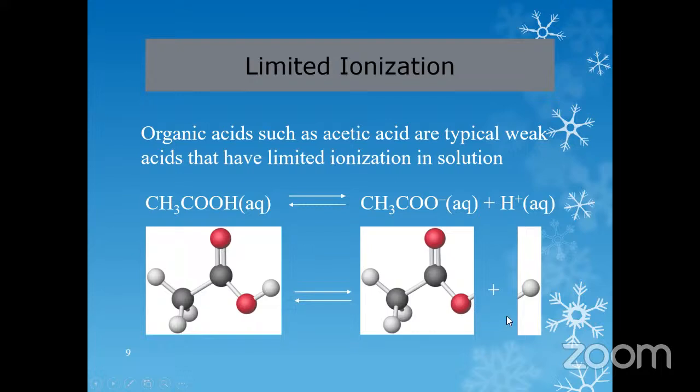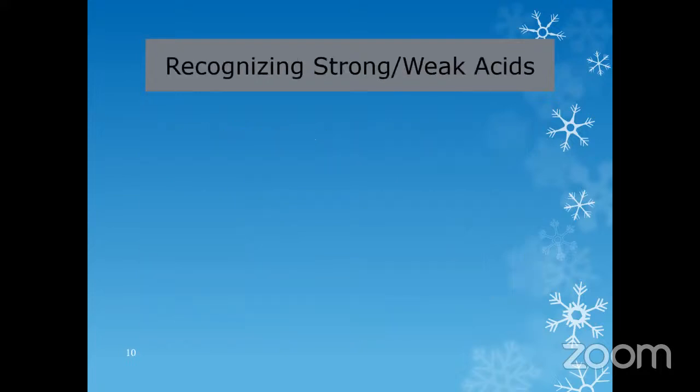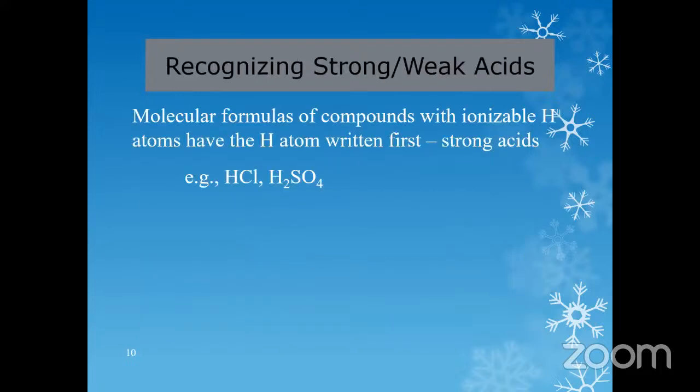Now, this begs the question, how do we recognize or tell the difference between strong acids and weak acids, apart from conducting an experiment to see whether or not they will conduct electricity? Well, there are some general rules, right? Typically, what you'll find is that in most chemistry literature, strong acids are written such that the hydrogen that would leave as a strong acid would be written at the front, such as the examples that you see here, HCl and H2SO4, all right?